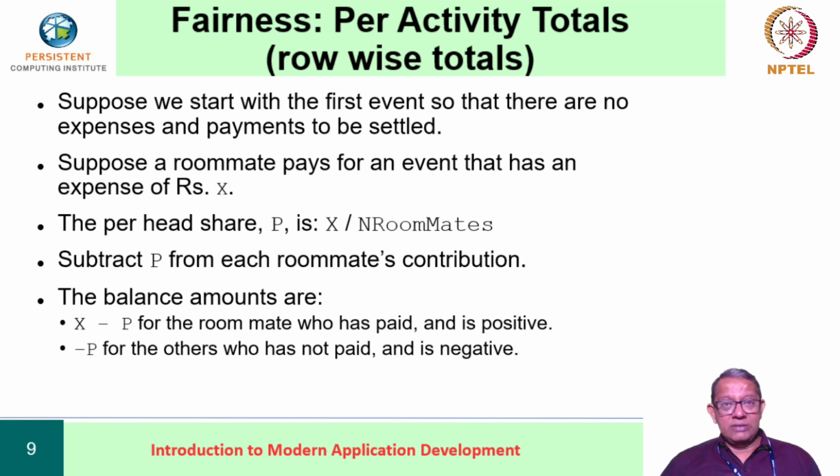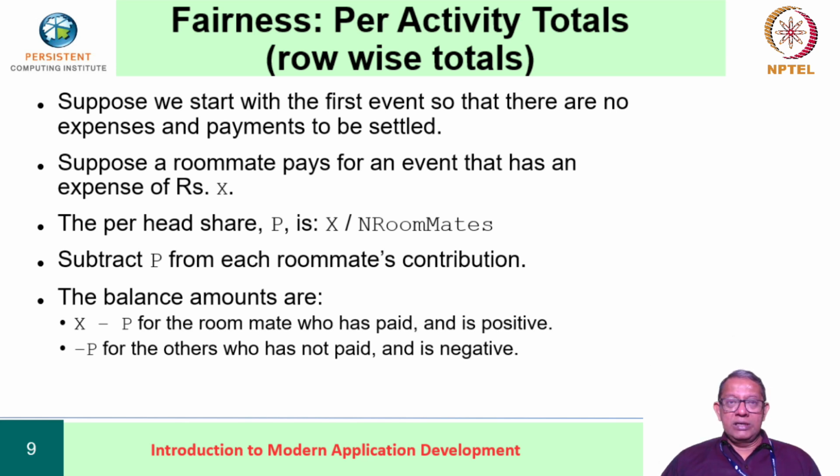Therefore, the extra amount is X minus P. And since it is subtraction of P from 0, for the other roommates who have not contributed, we will see minus P. This is quite consistent with our idea that roommates with negative numbers against them would have to pay, and roommates with positive numbers against them would have to get paid.